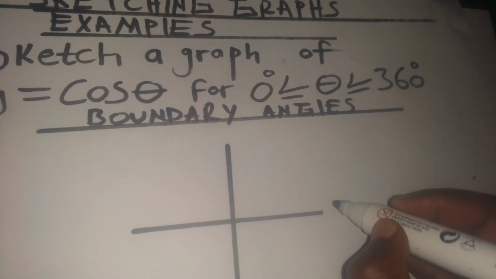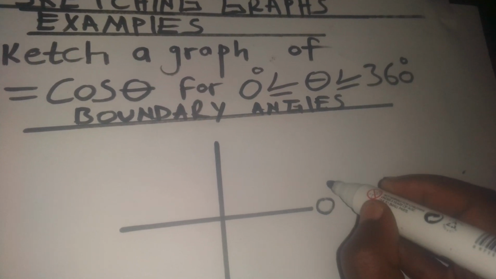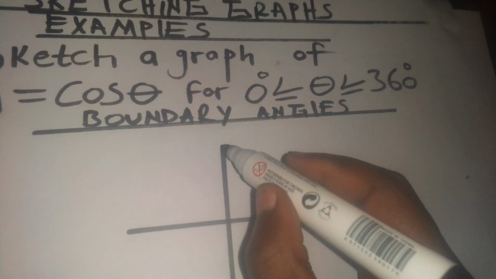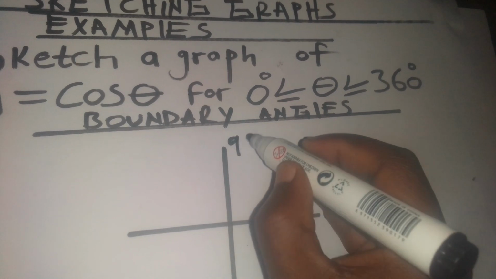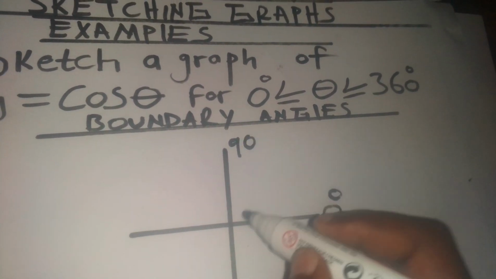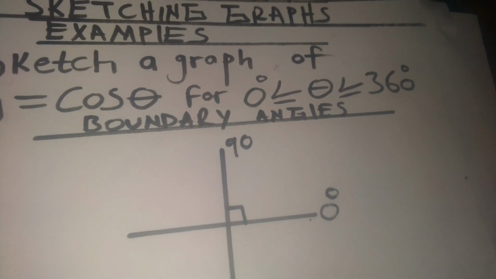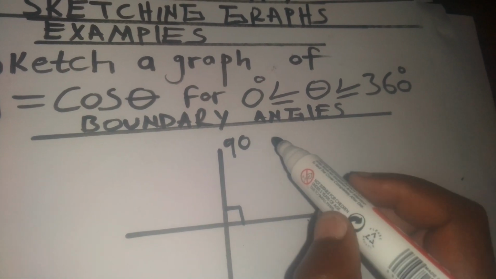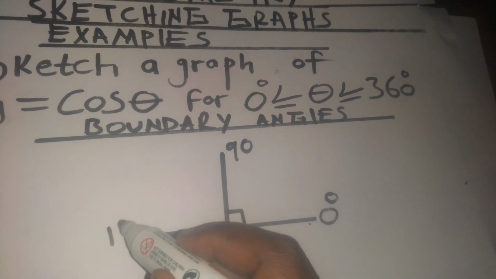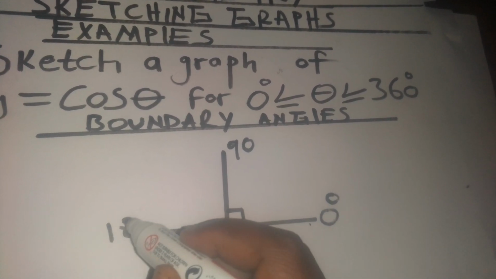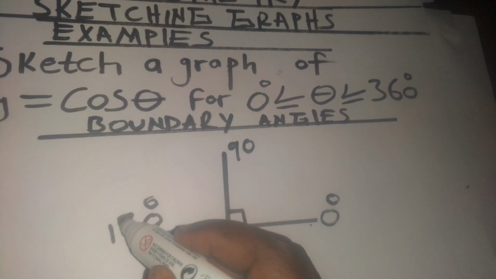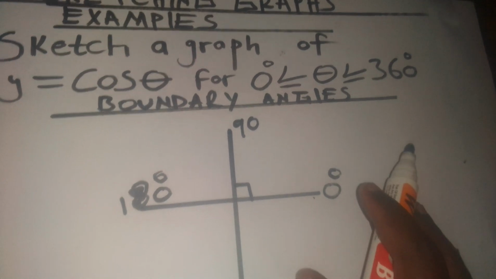By anti-clockwise I mean if here is 0 degrees, then from this distance to this distance you see 90 degrees. So I'll put it on top. Then 90 plus 90 here is 180 degrees.